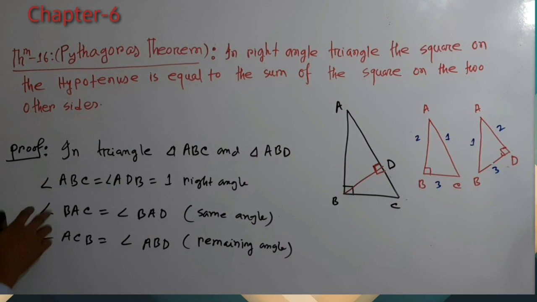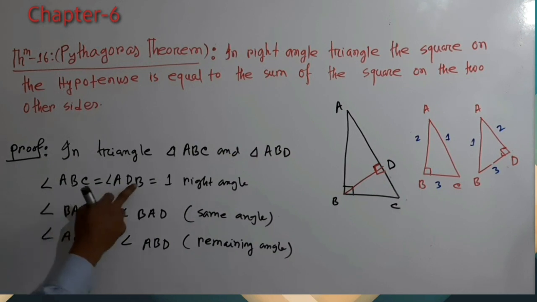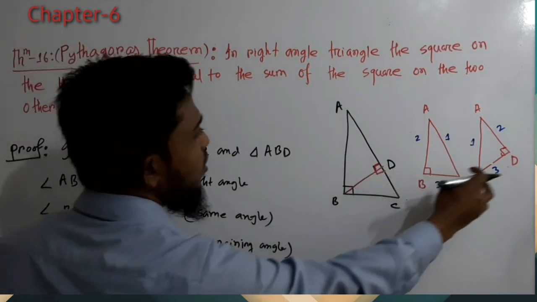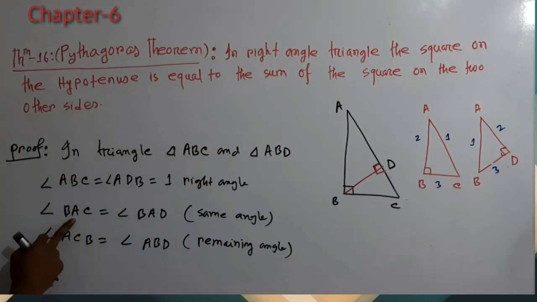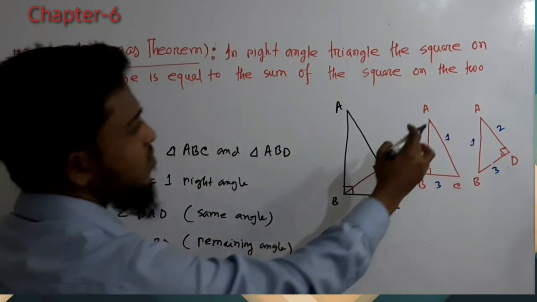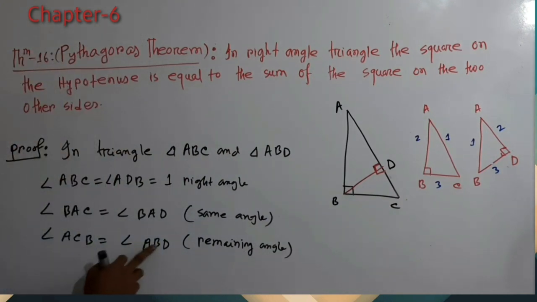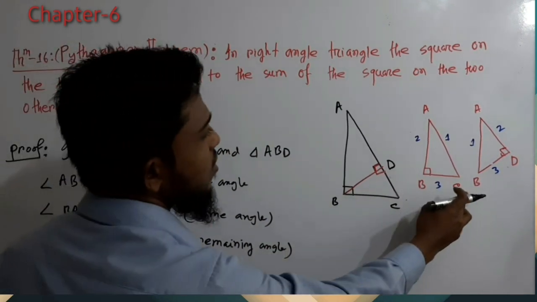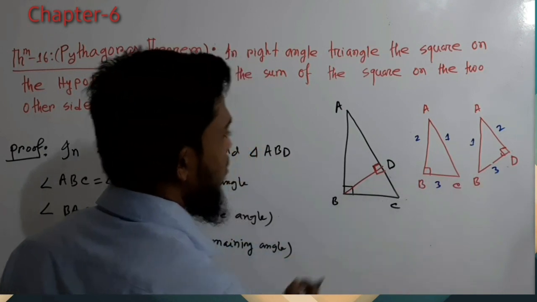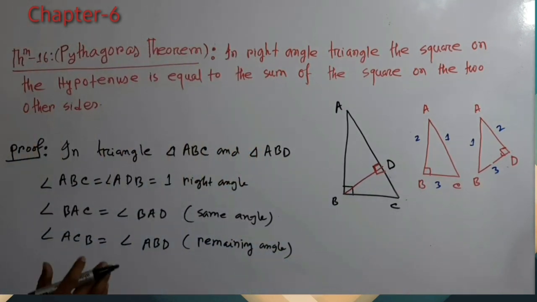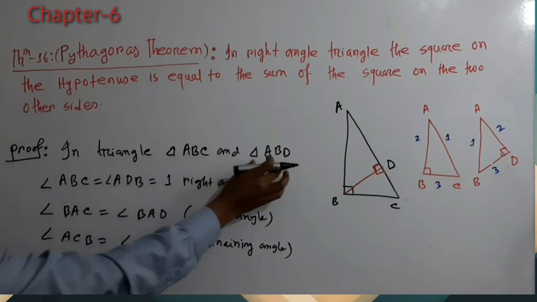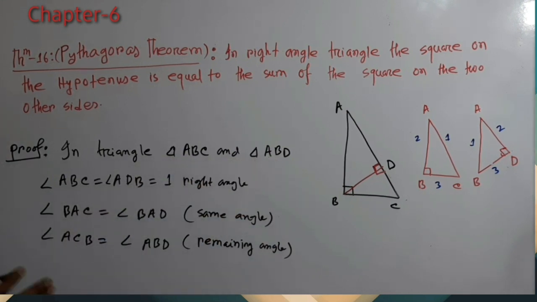So here we see that angle B is equal to angle D, angle A is equal to angle A, that is this angle is equal to this angle, and angle C is equal to angle B. So these three angles are equal, and this triangle and this triangle are similar to each other.